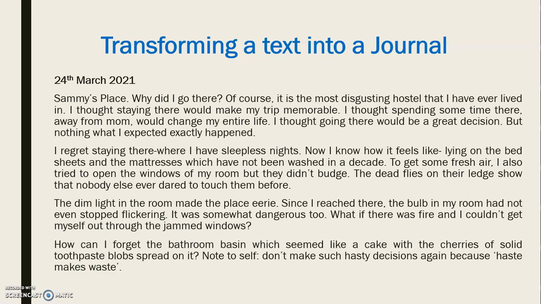Which has no exact answer. Then there is a use of emotive language expressing your extreme feelings. While you are recalling, you can have a list of 3 because you can't think in an organized way. So here, I thought staying, I thought spending, I thought going. So you may have repetitions.